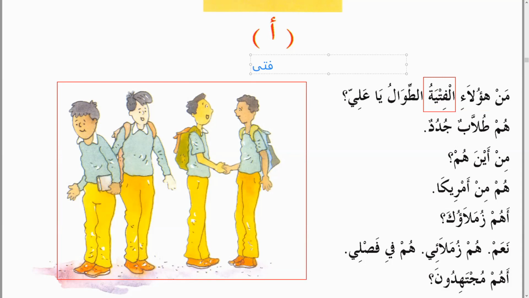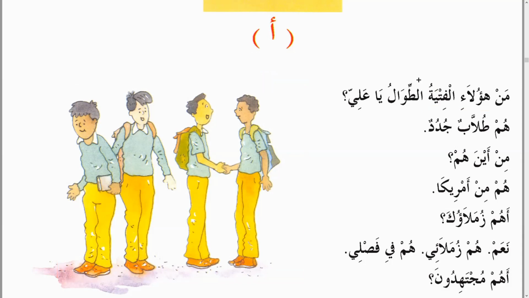The feminine is fatatu. Okay, please don't get confused. Fityatu is masculine, though you might get confused because of the ta marbuta. We should note that there are several plurals which have the ta marbuta, but that doesn't make it feminine, because we have to look at the singular word to consider masculine or feminine.